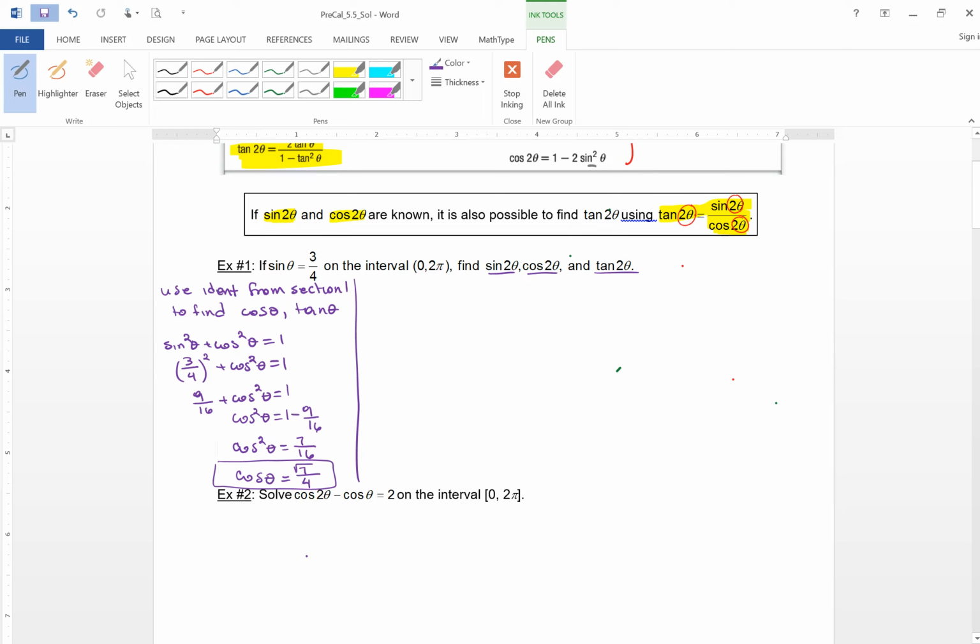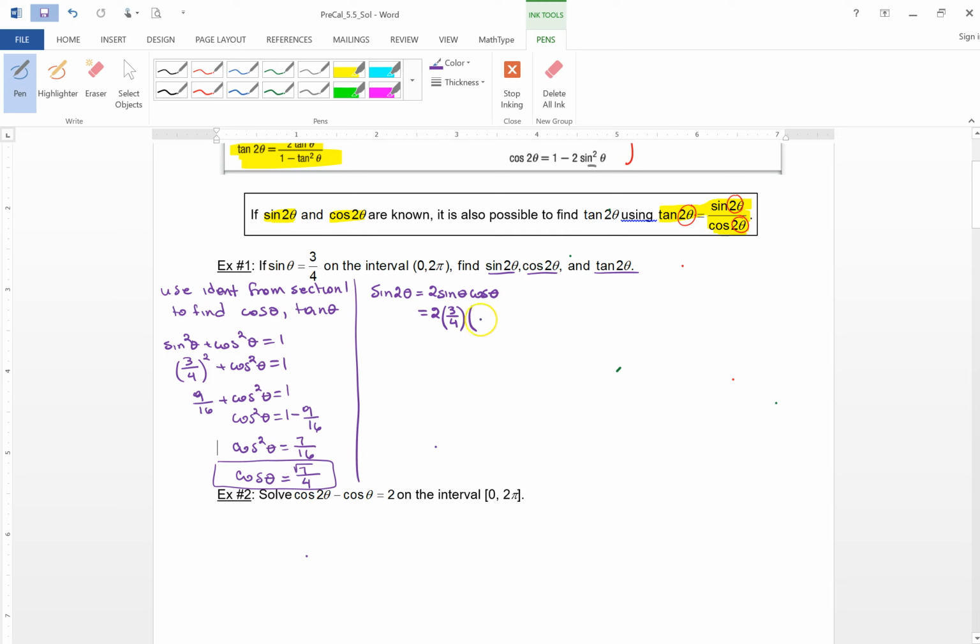Now, I'm actually going to use the shortcut, so I'm going to forego the tangent here. Look at what we're going to do. Sine of 2 theta is a formula right above in that box. It's 2 sine theta cosine theta. Sine theta is 3 over 4.